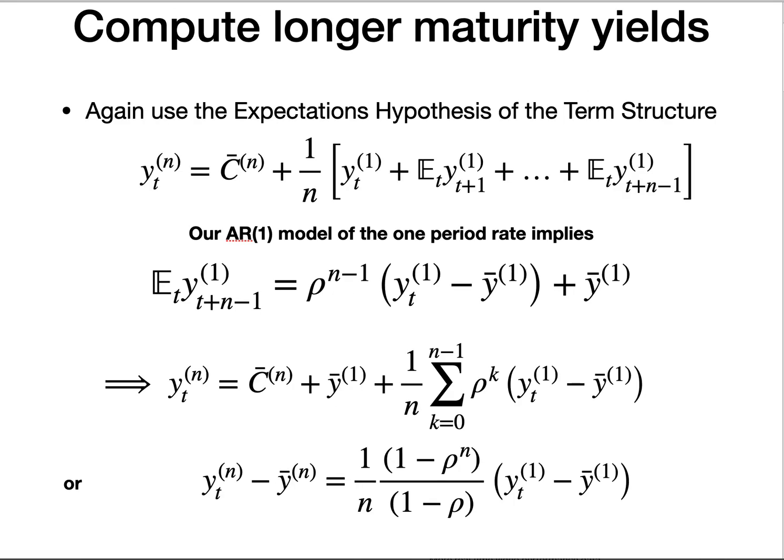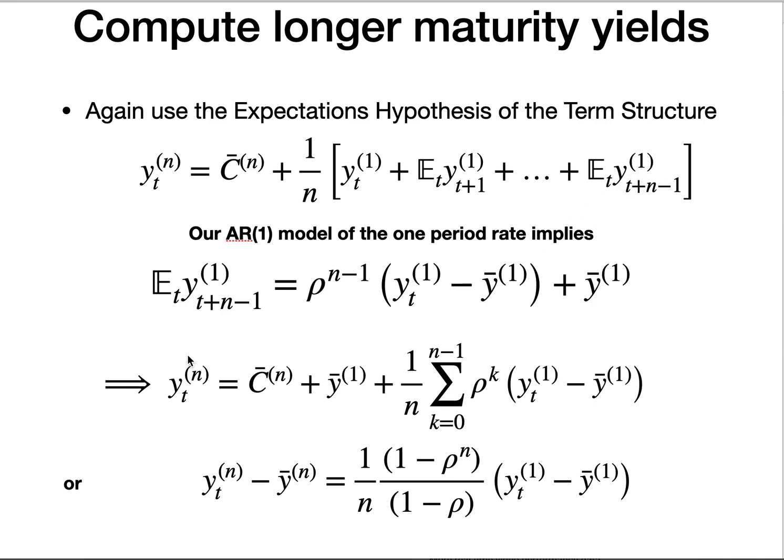We can also compute longer maturity yields. You can do that by adding up forward rates, or you could do that directly as we've done here. The formula is a little bit more complicated. You have to use our AR1 model to construct, at time t, the AR1 model tells you what this term is, all the other expectations out at different horizons.